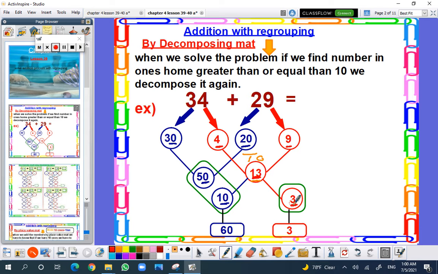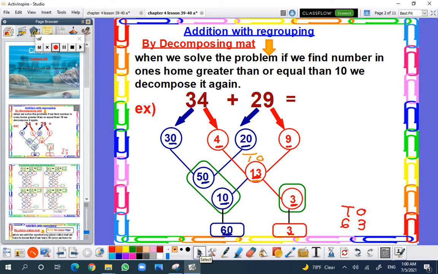What is the last step? I will just add the tens together. Then I will add the ones. 50 plus 10 equals what? Equals, excellent, 60. So I'm going to write 60 on the tens. Then 3, write it as it is on the ones. So guys, 60 plus 3, what is the number now? I'm going to write 6 under the tens and the 3 under the ones.